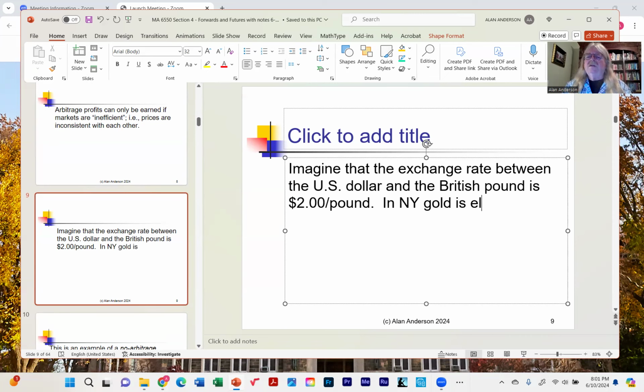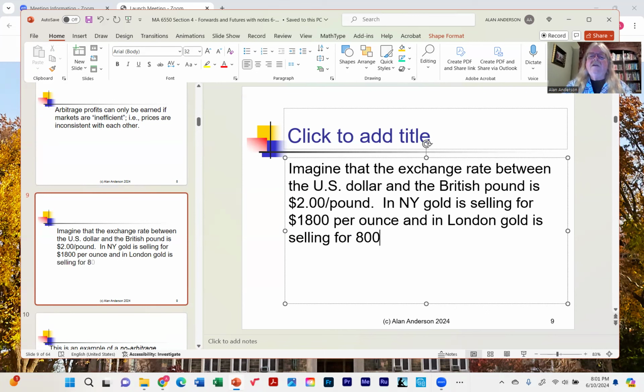Gold is selling for, say, $1,800 per ounce. And then we find another dealer in London for 800 pounds per ounce.